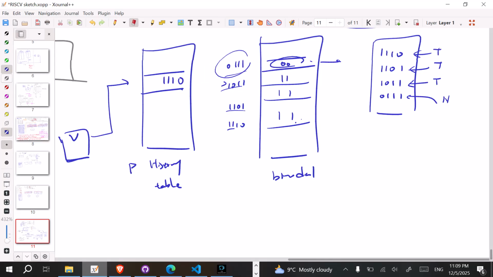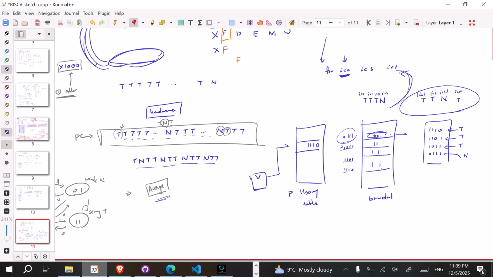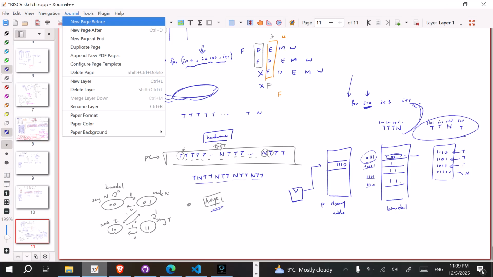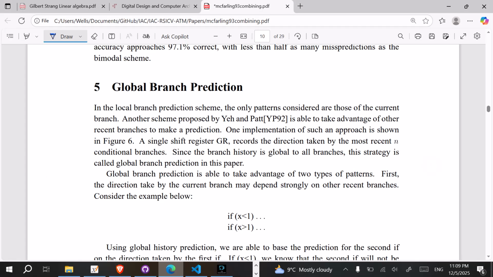So I hope that you see the notion of having the pattern as an index for this pattern history table. A similar idea applies when you go through what's called global branch prediction.